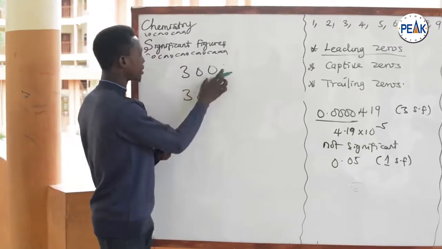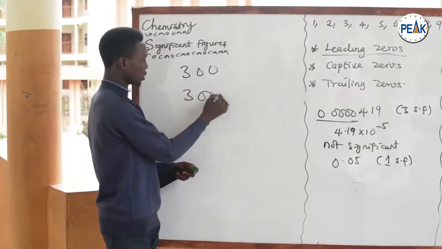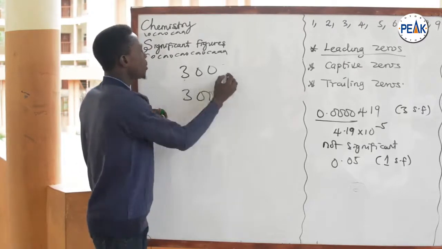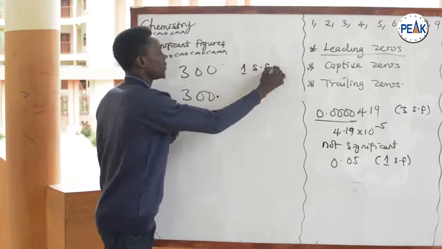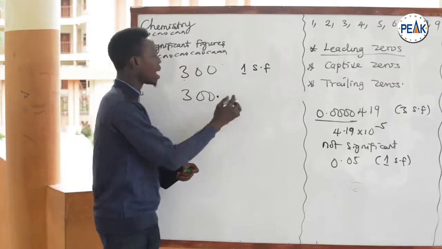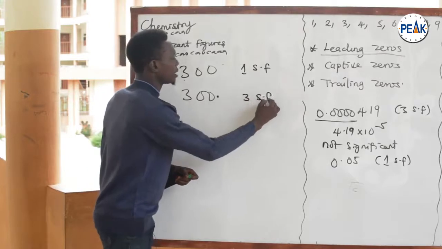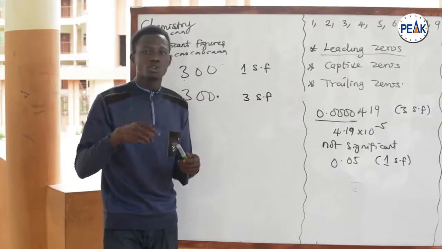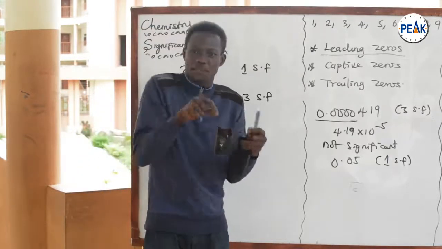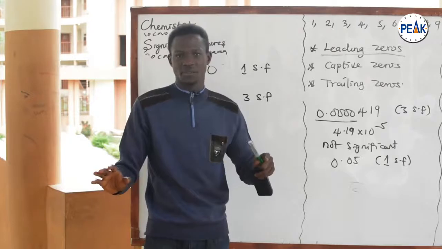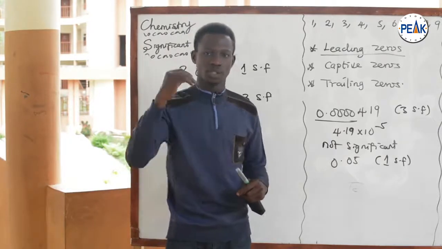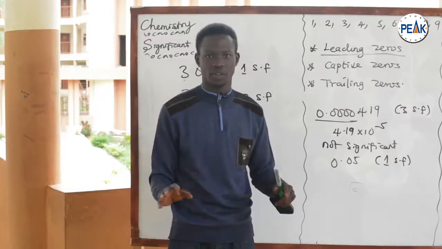If I have 300 as written in this form, and I have 300 with a decimal point in this form, this 300 in this form has just one significant figure. But 300 with the decimal point has 3 significant figures. Now, how do you simply know about this logic? Trailing zeros that come before or after decimal points are significant. But if there is no decimal point after or before the trailing zero, it is not significant.